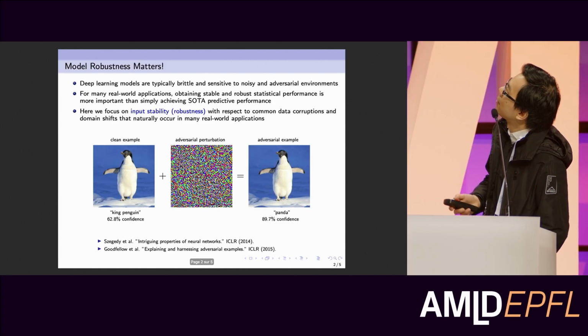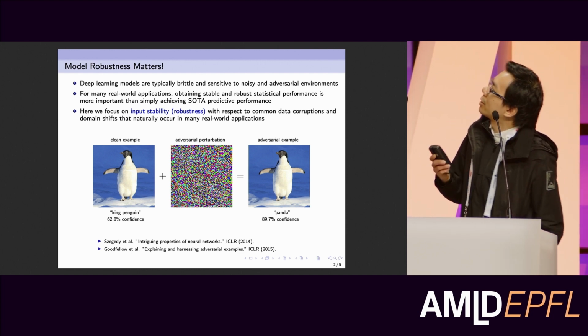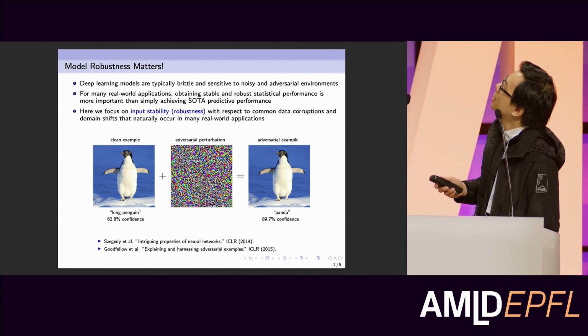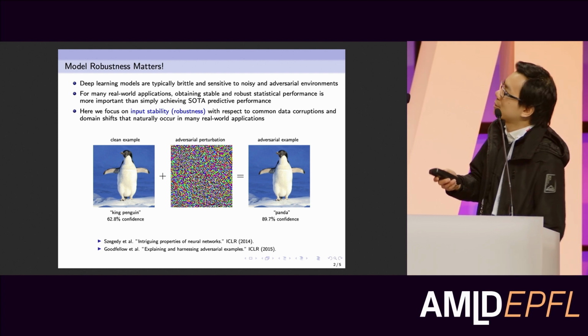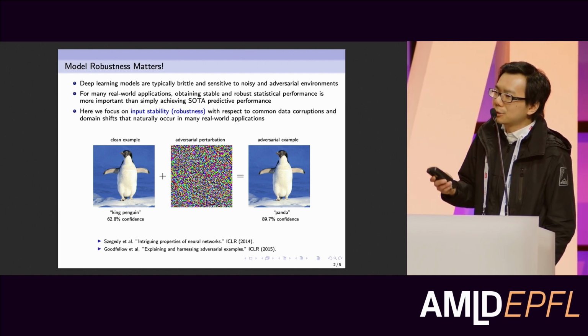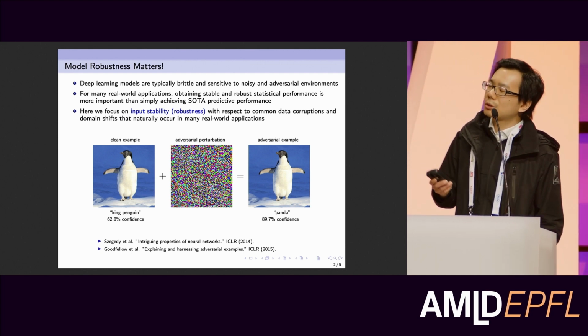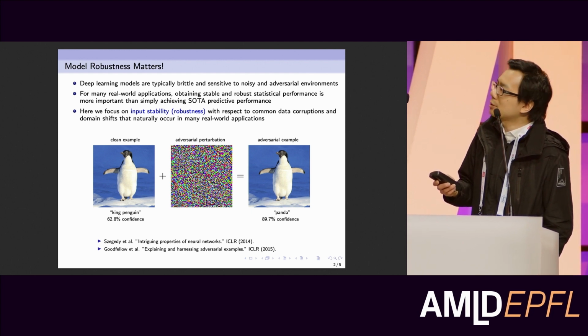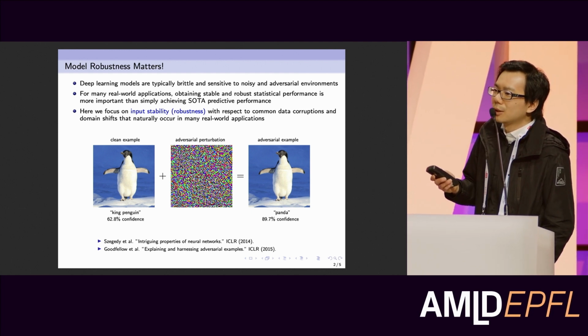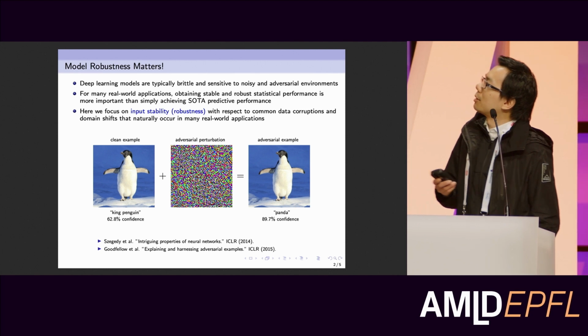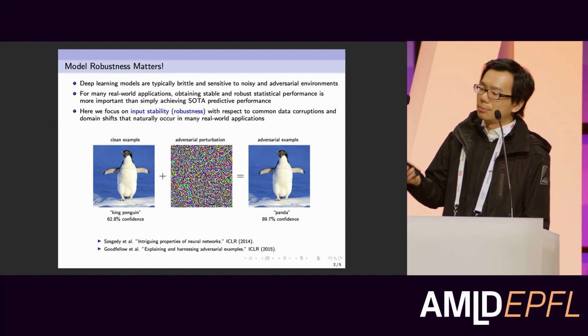By the way, here we will focus on input stability. This is what I mean by robustness. In particular, we are going to focus on data corruptions and domain shift. There are many works that study robustness with respect to adversarial perturbations.